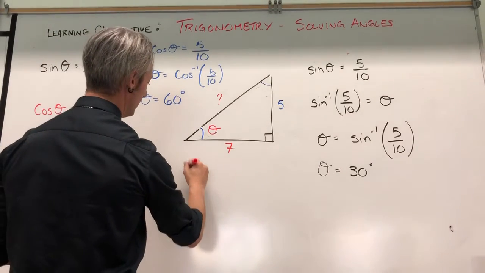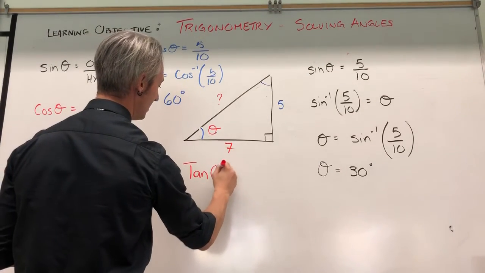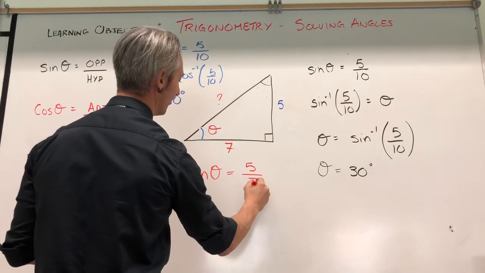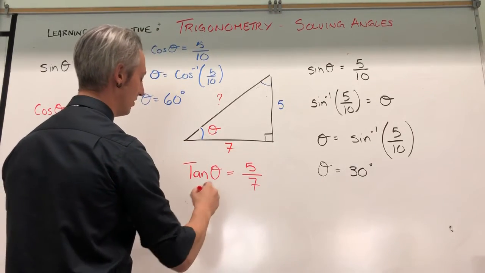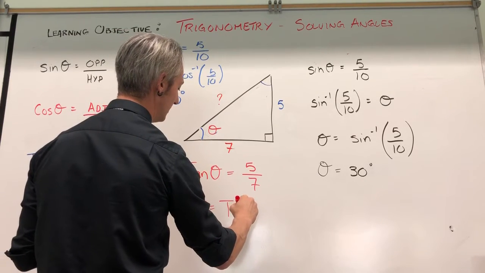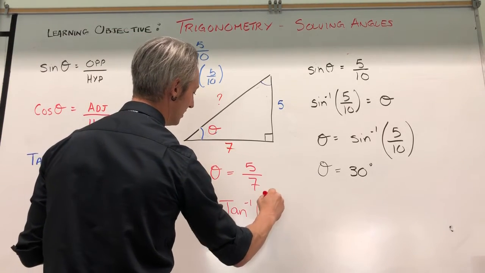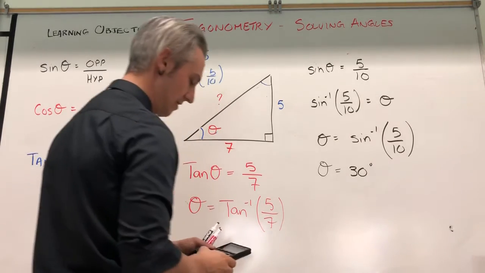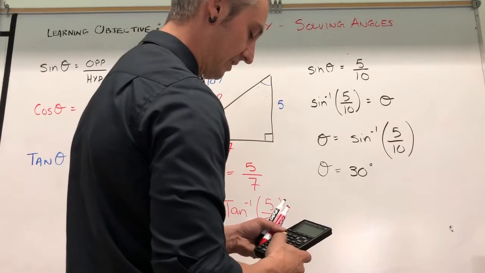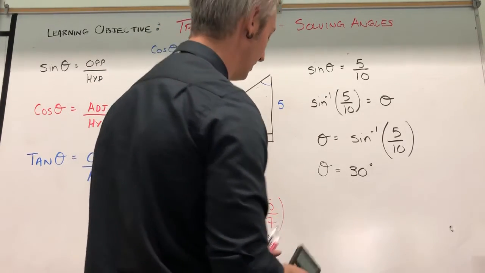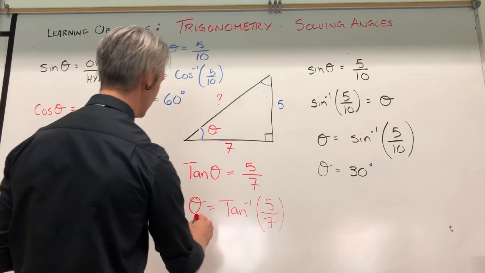So tan theta is equal to 5/7, and then I do that inverse thing where my angle is equal to the tan inverse of 5/7. I do second tan on my calculator, open bracket, 5 divided by 7, and that gives me 35.5 degrees.